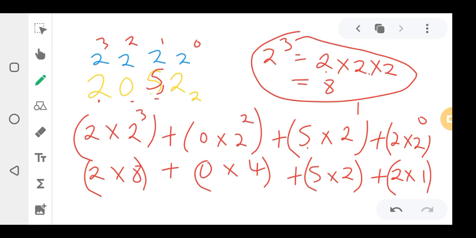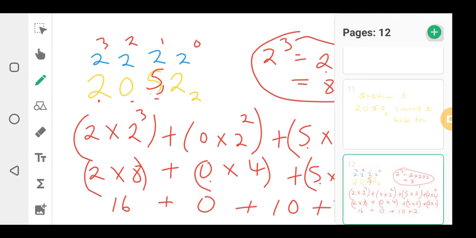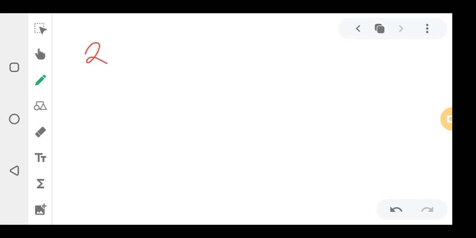So that will give me 16, plus 0 times 4, which is 0, plus 10, plus 2. So 16 plus 10 is 26, plus 2 is 28. So the answer is 28.